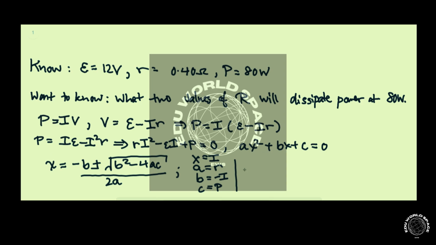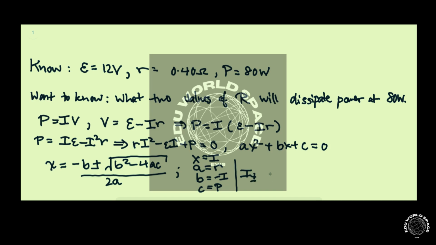So we have I, right? So we get two values. Let's call them plus or minus. One corresponds to the plus sign and one to the minus sign.